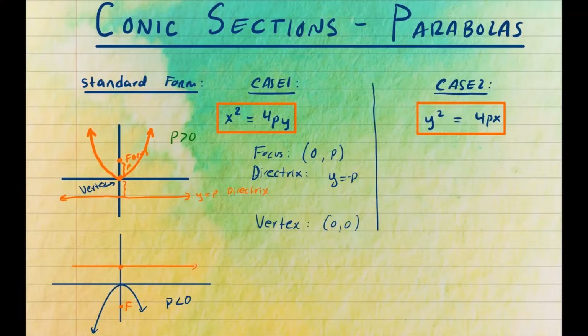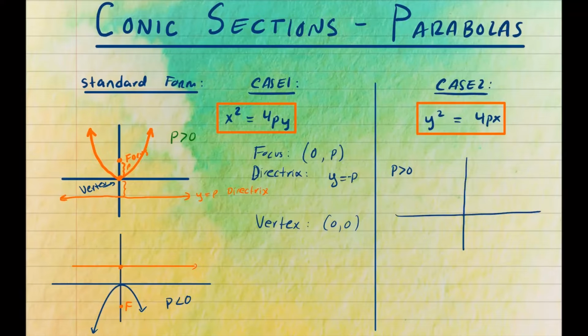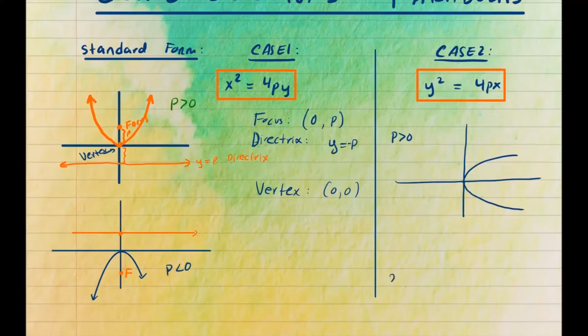Similarly, we can focus on the second case. Now, if you have y squared is equal to 4px, then your parabola is opening along the x-axis. So again, if p is positive, you'll have a parabola that would look like this. And if p is negative, then you'll have a parabola that would open this direction to the left. And we can label the focus.